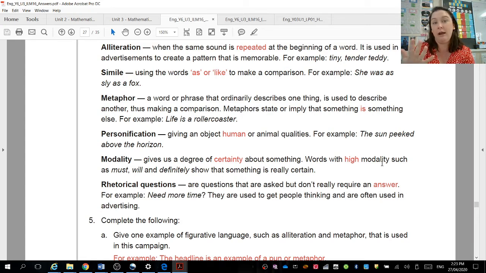It's not saying it's like or similar to, it's saying it is. For example, she was as sly as a fox. See how there's that comparison using as? And then a metaphor: life is a roller coaster. While a metaphor is comparing, it is still saying that one thing is another thing. A simile uses like or as. Hopefully that hasn't confused you further.